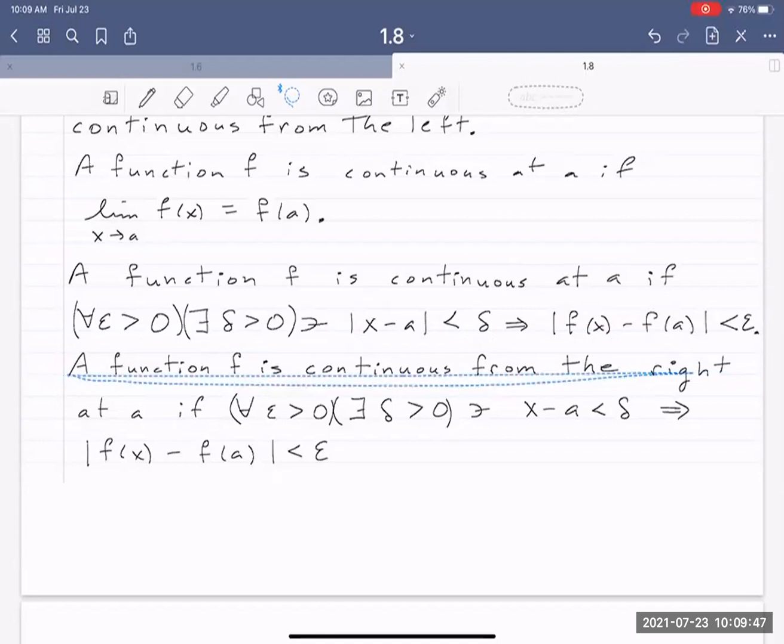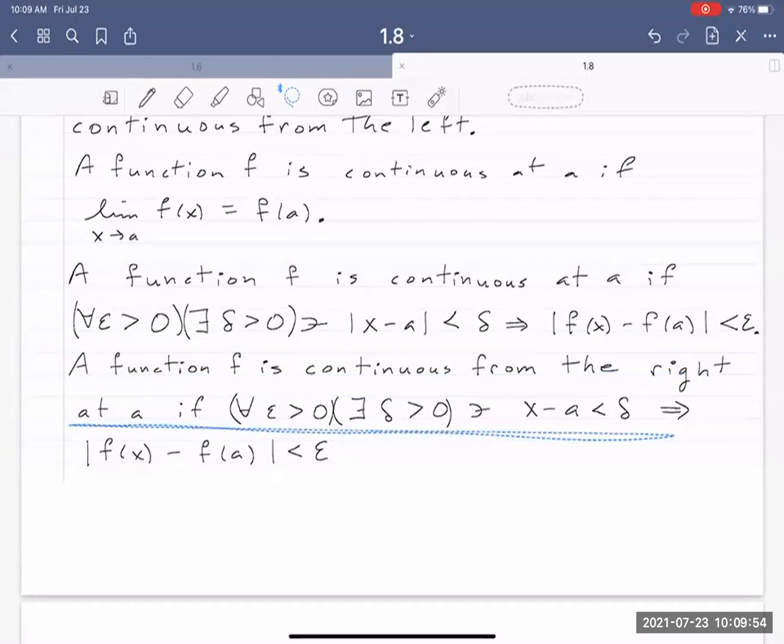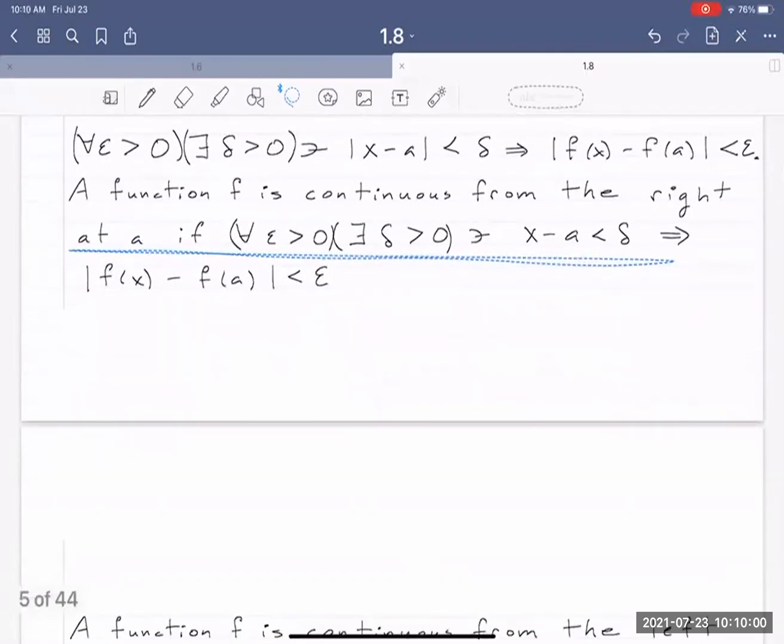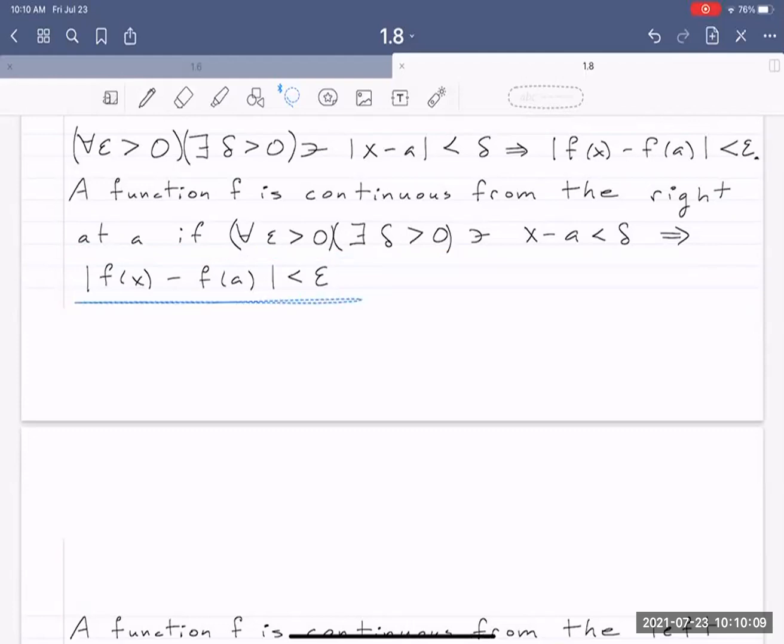A function f is continuous from the right at a if for every epsilon greater than 0, there exists a delta greater than 0 such that x minus a less than delta implies that f of x minus f of a in absolute value is less than epsilon.